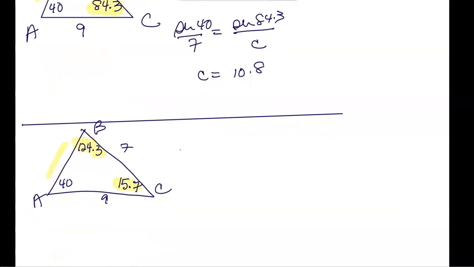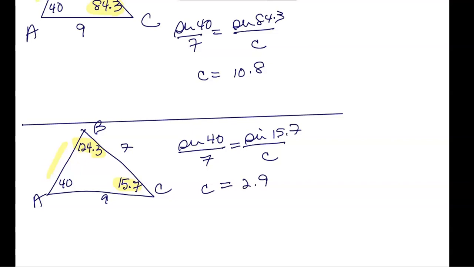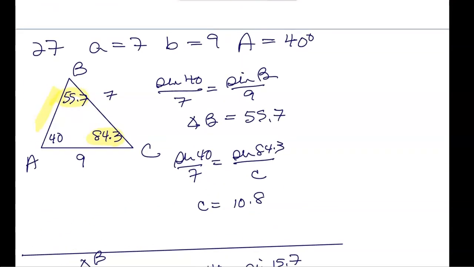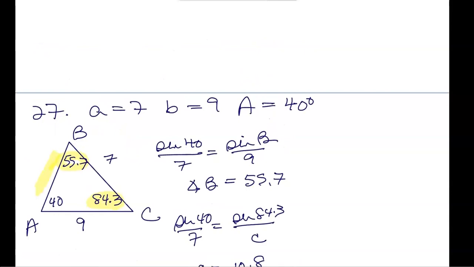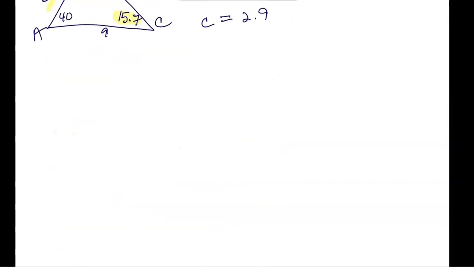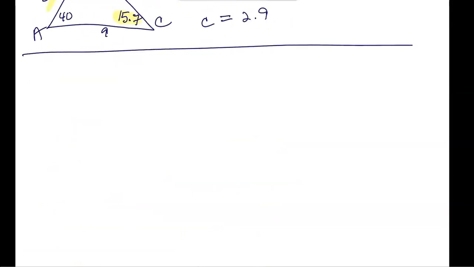Bottom triangle, when I say sine of 40 over 7 equals sine of 15.7 over c, my c is instead much smaller at 2.9. But now you have solved both triangles. So that was 27. Two solutions. Ambiguous case.